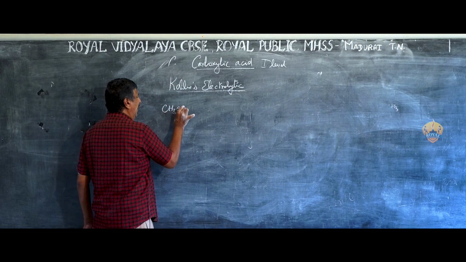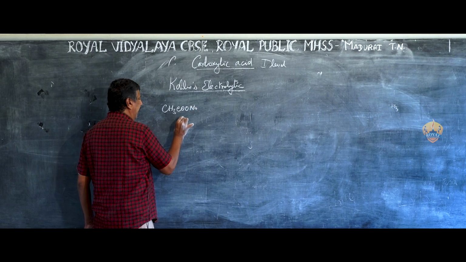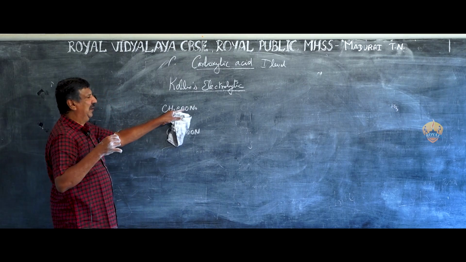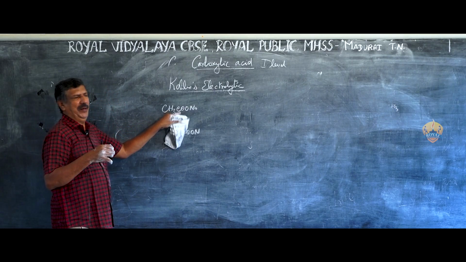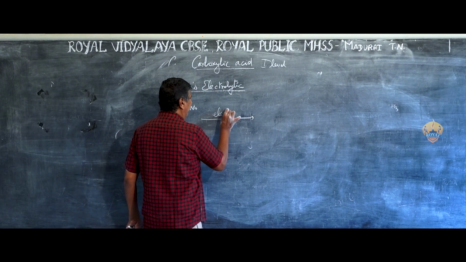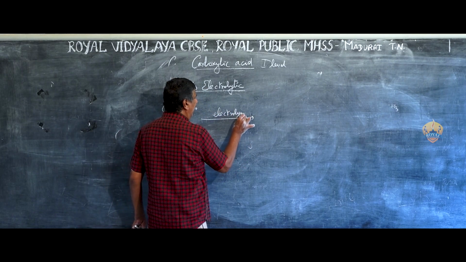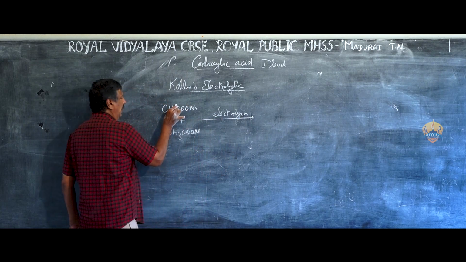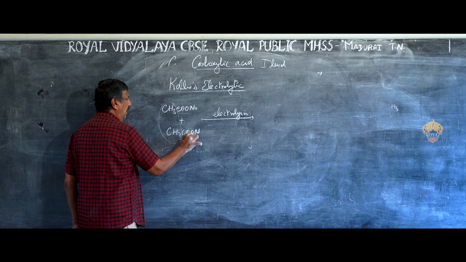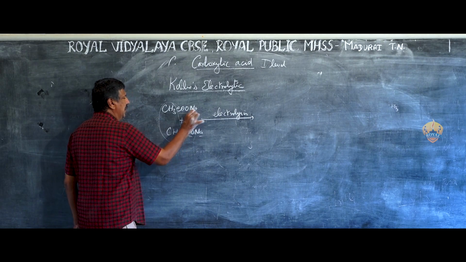This is already seen, but again I am repeating for you. You take sodium acetate, because of the ester, it is called acetate. You do the electrolysis. What will happen? These two combine, and these two combine. That's all.